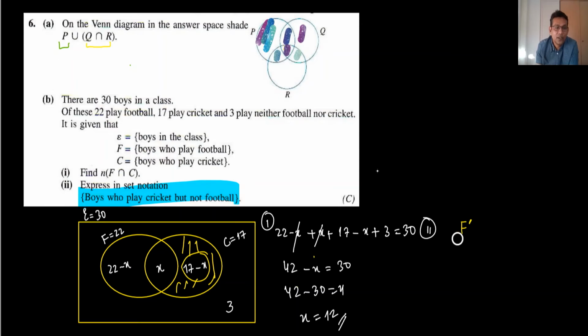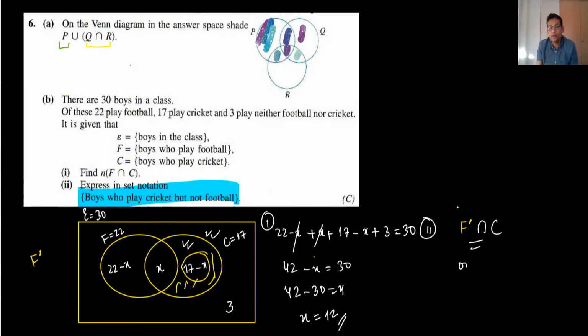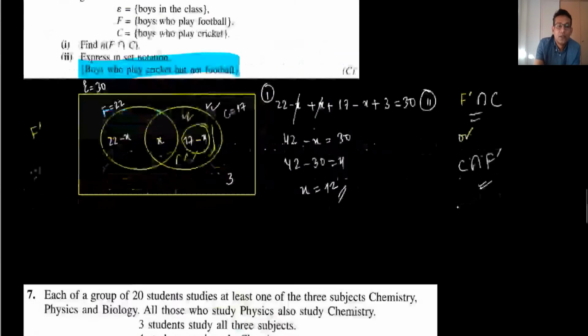Just remember, F complement means we are talking about this area and this area. But what is common in F complement in this area? Only intersection with C. And that's the result. So it is C intersection F complement, or we can write F complement intersection C, it is okay. And we have done it.